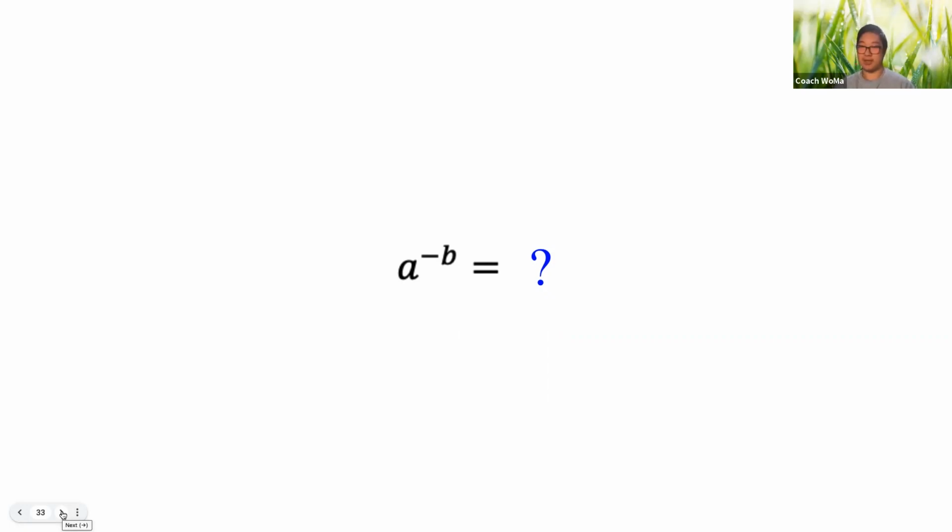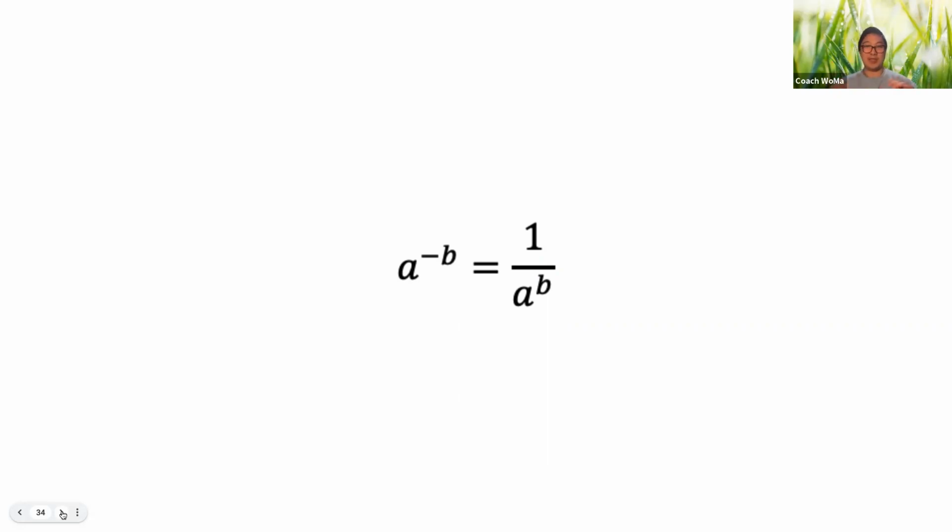Cool. All right, let's go to the next slide. So this is 1 over a to the b. And this should make sense now. If you have a to the b divided by a to the c, that's also a to the b times a to the negative c, right?